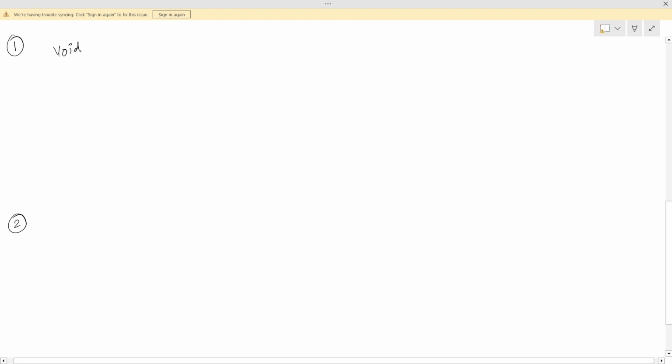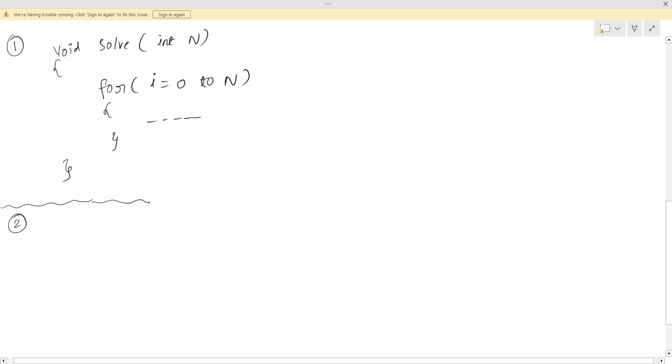Void solve, and here I've passed the integer value, and I'm saying something like for i is equal to 0 to n. And let me say some operations are happening here, like constant operations, whatever the plus, minus, or multiplication, anything. It can be anything. This is the first snippet.